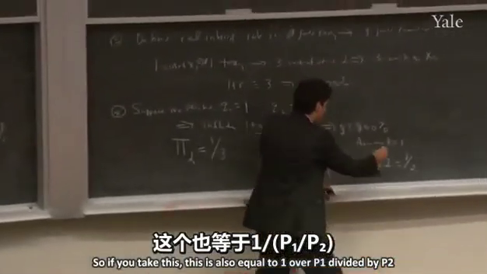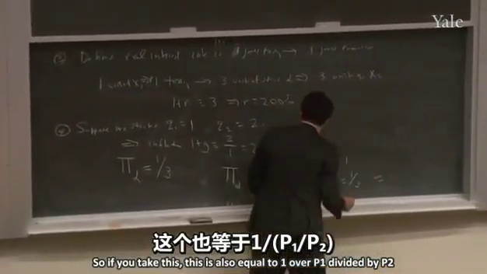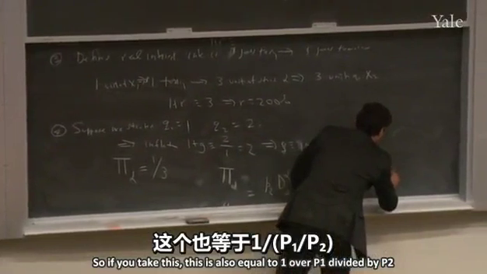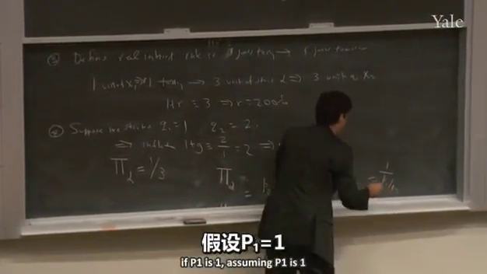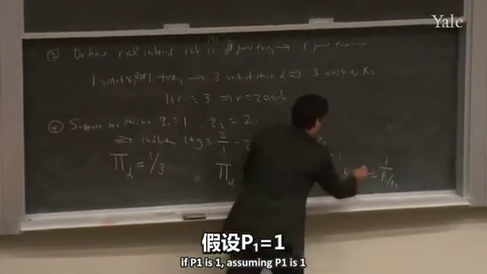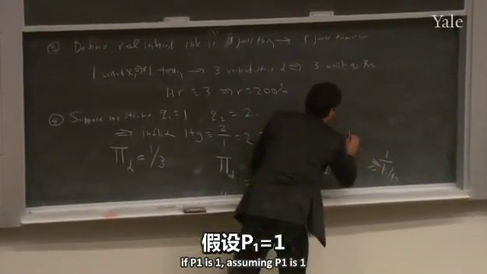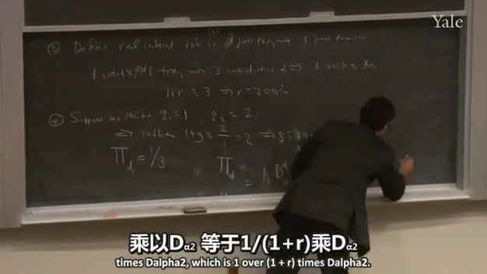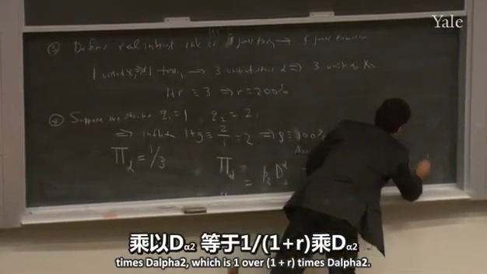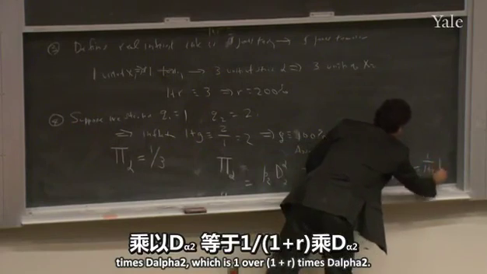This is also equal to 1 over P1 divided by P2, assuming P1 is 1, times d alpha 2, which is 1 over 1 plus r times d alpha 2.